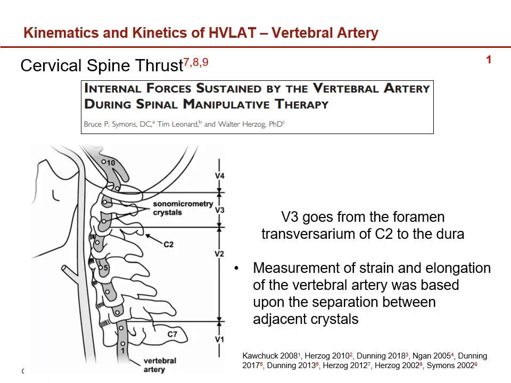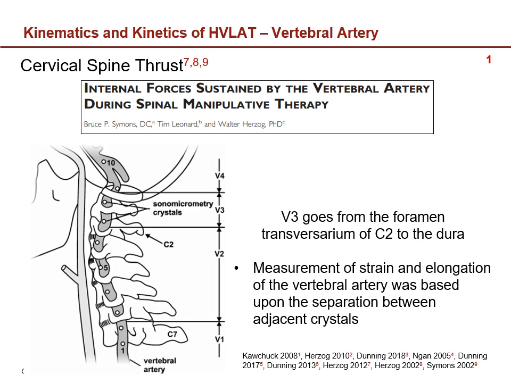Okay, so here you can see the schematic setup of the study and of the cadavers. They provided an illustration, so you can see that the little white dots demonstrate the crystals, and that this goes all the way up through V4 and all the way down through V1.